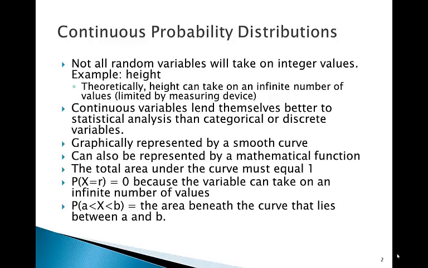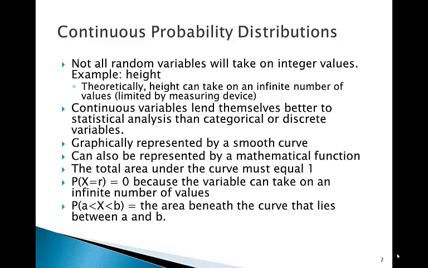The total area under the curve has to equal 1, because this is a sample space containing all possible events. The probability that x equals one specific number is 0 in a continuous distribution.